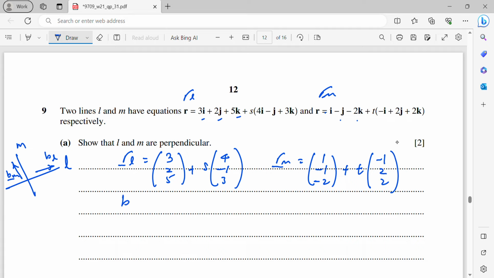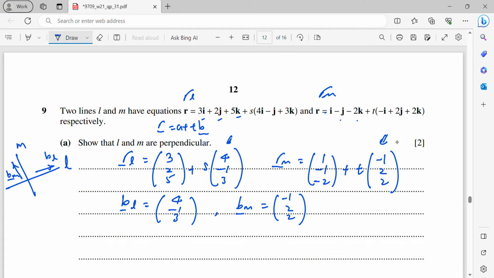Now my b, because our formula is r equals a plus tb, is the b from the first line and the b from the second line. So bL is (4, -1, 3), and bM is (-1, 2, 2).